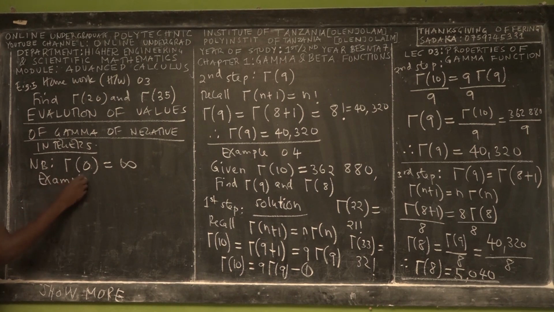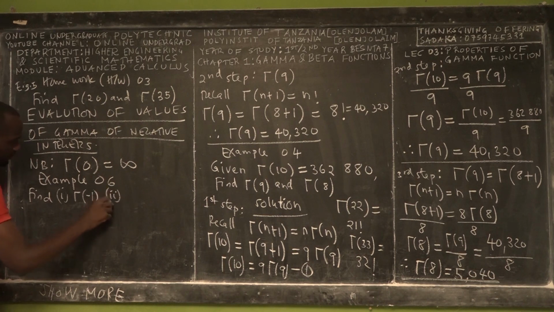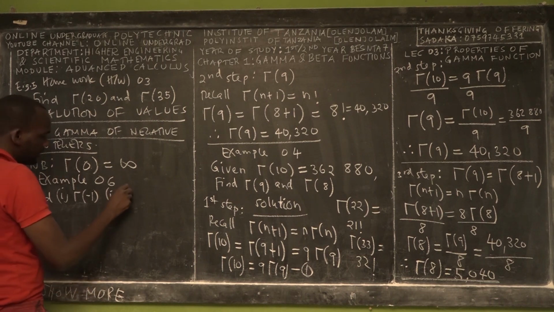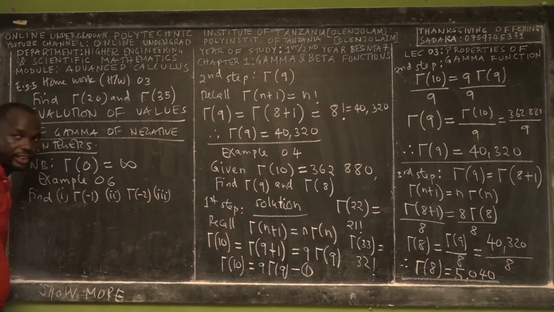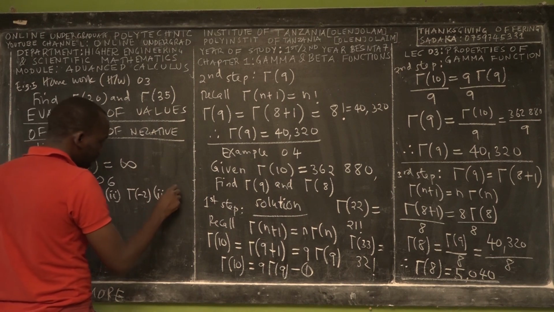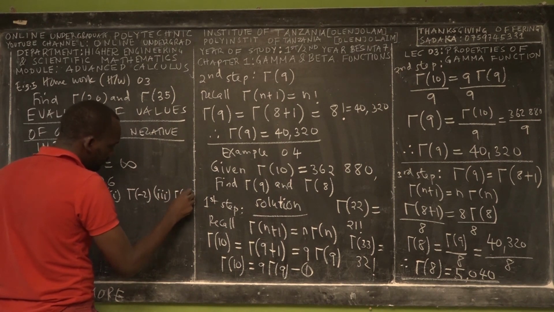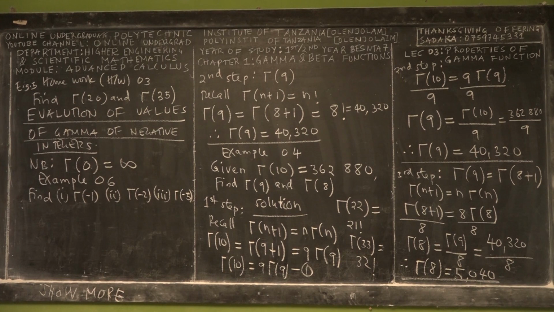Example 6. Let me teach you this concept by using examples. Find gamma of negative 1. Then let us find gamma of negative 2. And then let us find gamma of negative 5.